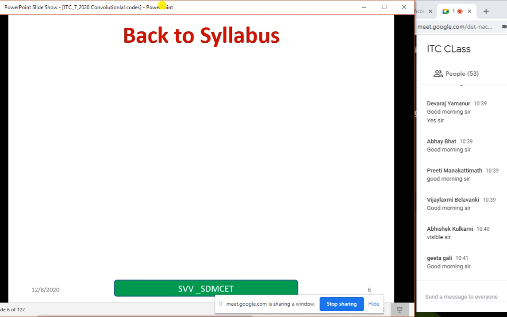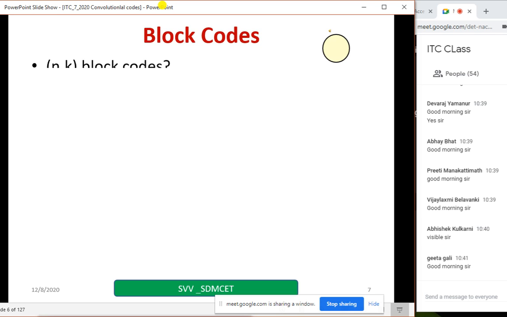Now coming back to the syllabus, let us start with the convolution encoder and decoder. We have discussed the n, k block codes. Hope all of you are remembering. In case of block codes n, k, what does n represent and what does k represent? Can you recall and say n is what and k is what?